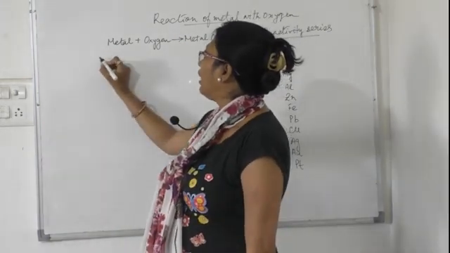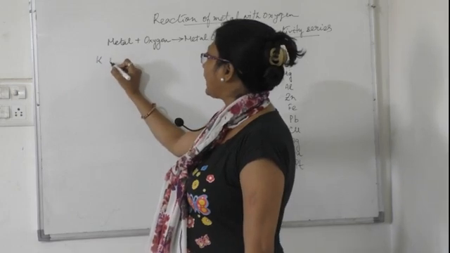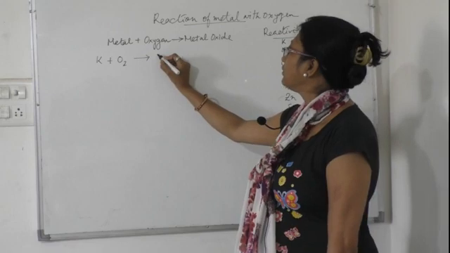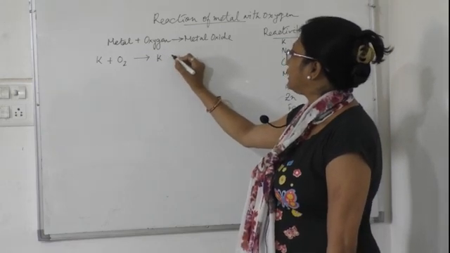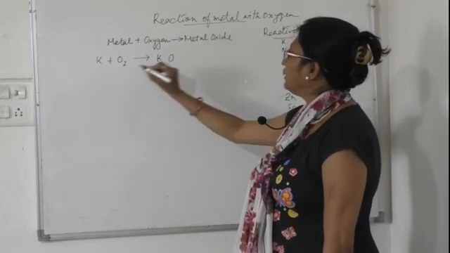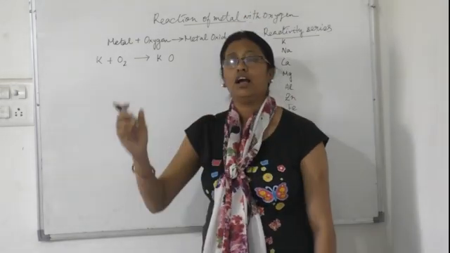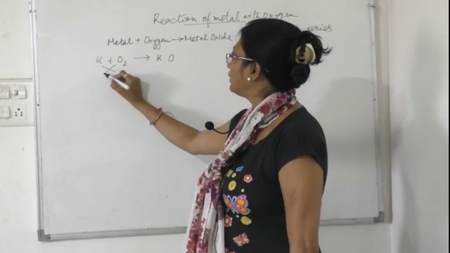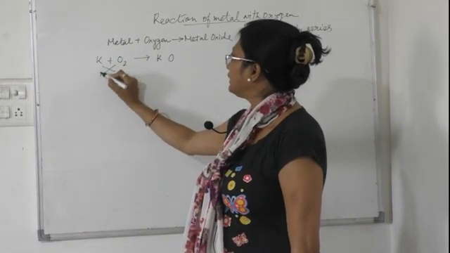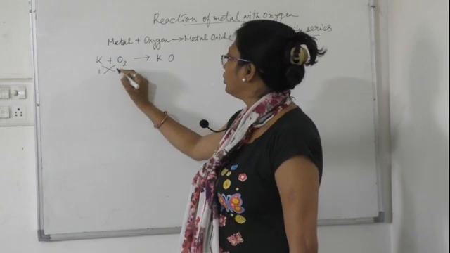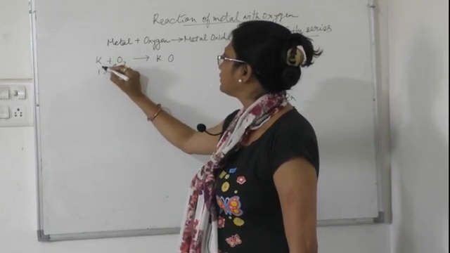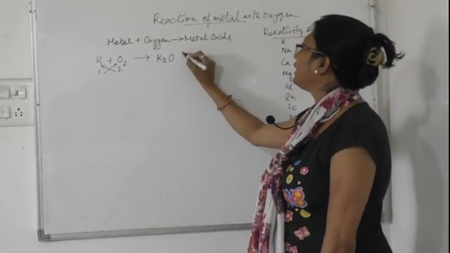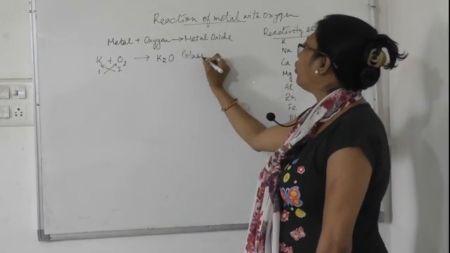When potassium is reacting with oxygen, it will form potassium oxide. Now the valency of potassium is 1 and the valency of oxygen is 2. So the formula of potassium oxide will be K2O.